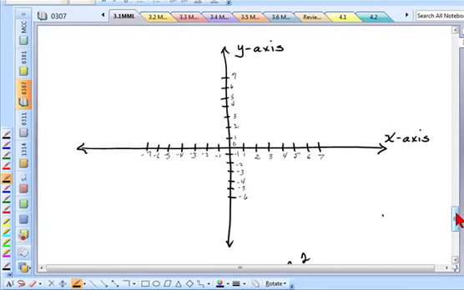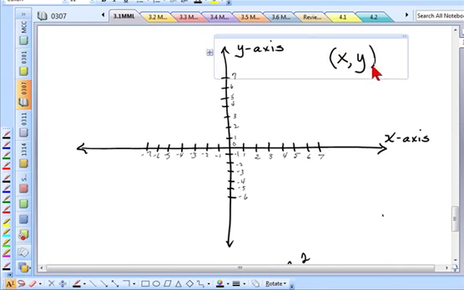But it won't, because we're going to have a rule right now. When we name a location, we are going to name the location always, always, the X number first and the Y number second. Always X, comma, Y. And that should be easy to remember because that's also alphabetical, X before Y. Okay?